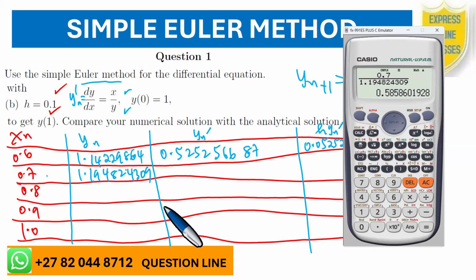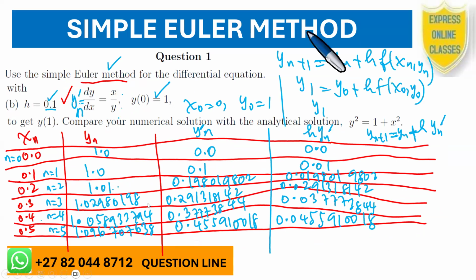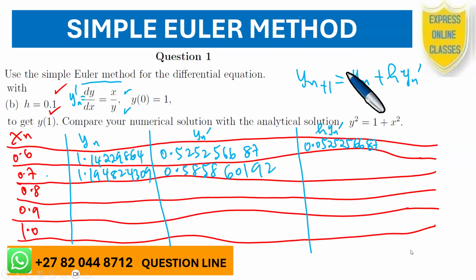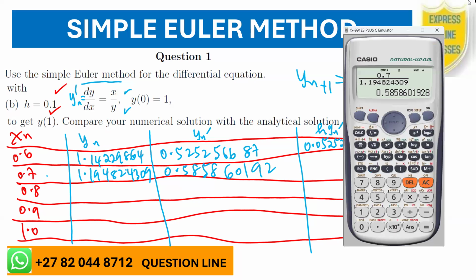Okay, so if you're dealing with this one at 0.7, you have 0.5858601, according to what the calculator showed us. Then you multiply h by the prime. You multiply h by the prime with the calculator, so you multiply it by 0.1.